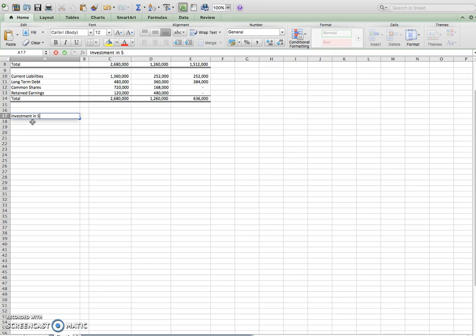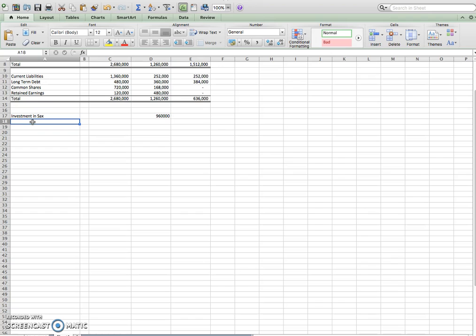Investment in Sachs. They told us it was 120,000 shares at $8 per share. So the math right here, 120 times 8, 960,000.